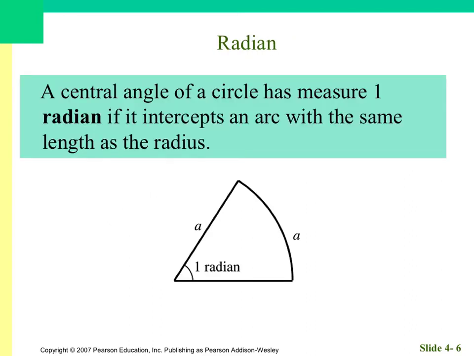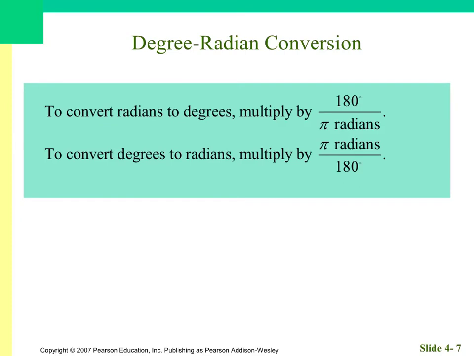A central angle of a circle has a measure of 1 radian if it intercepts an arc with the same length as the radius. Okay? So when this distance and this distance equal each other, it's equal to 1 radian. You should remember these.